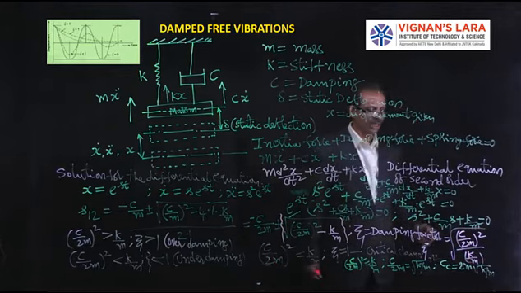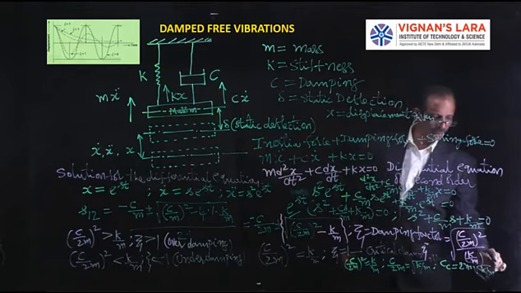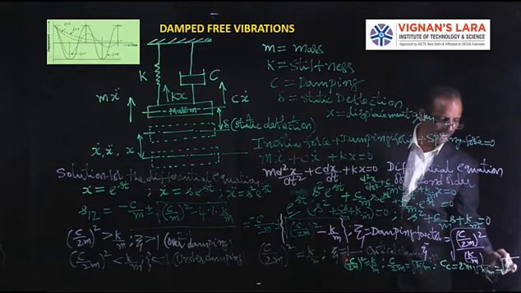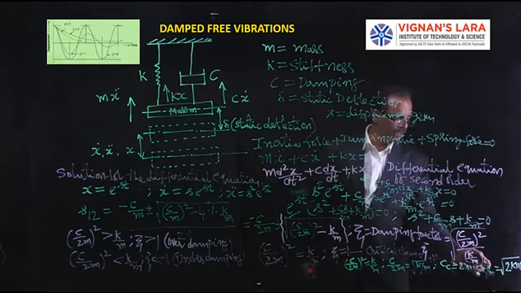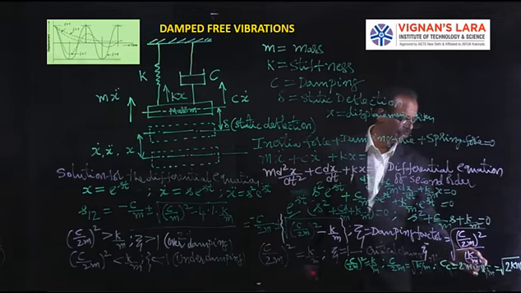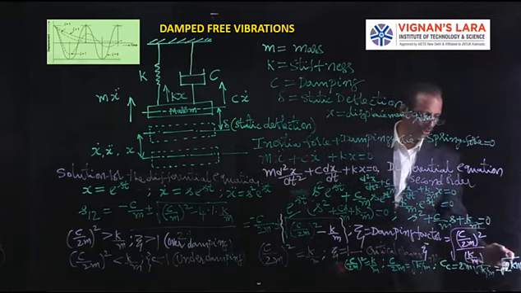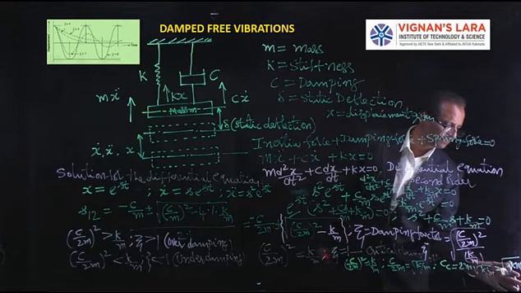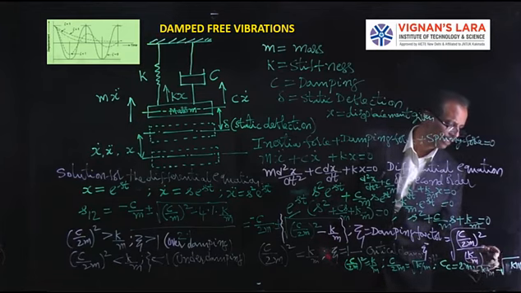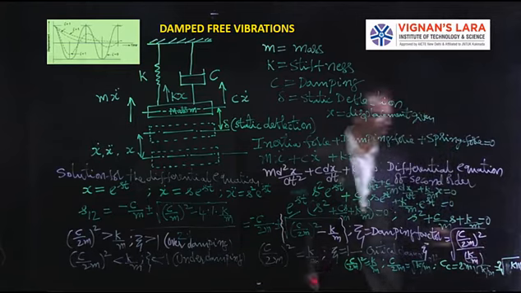So you can write this as 2 root km. Here, root k by m, if you cancel m, it will become root m, and root k is already there, so it is 2 root km.